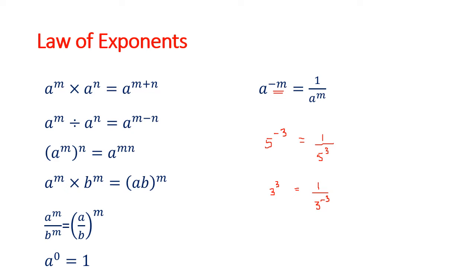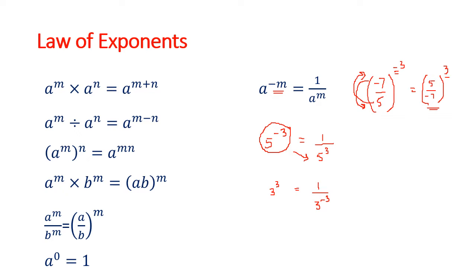In short, when the number in the numerator goes into the denominator, the sign of the power changes. Also we saw that minus 7 upon 5 raised to minus 3 can be written as the reciprocal, 5 upon minus 7 raised to 3. So the number 7 in the numerator goes into the denominator, and the denominator into the numerator, that is, we have taken the reciprocal. When we take the reciprocal, the sign of the power changes.